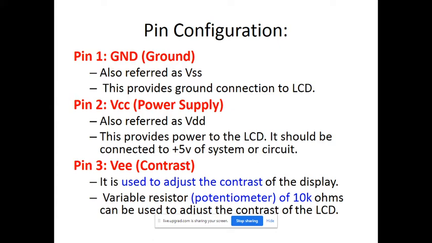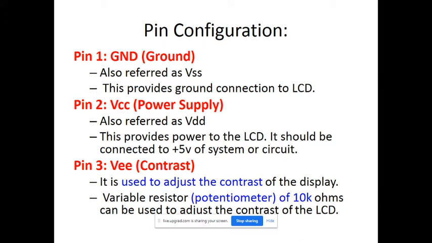First, the first three pins are related to power supply. The first pin is the ground pin. We are applying the ground signal to this. Then the next pin is the VCC signal. We are applying plus 5 volts to this pin, that is VCC. Then the third pin is VEE, which is the contrast setting.